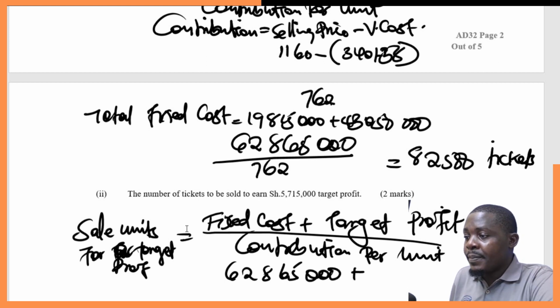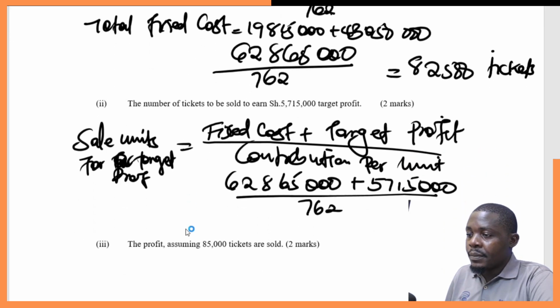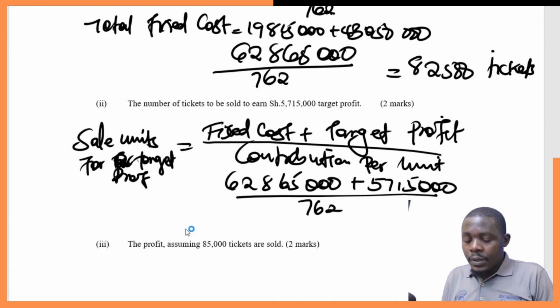We add the target profit, which is 5,715, and everything we divide by 762. That is 62,865 plus 7,515, divided by 762.